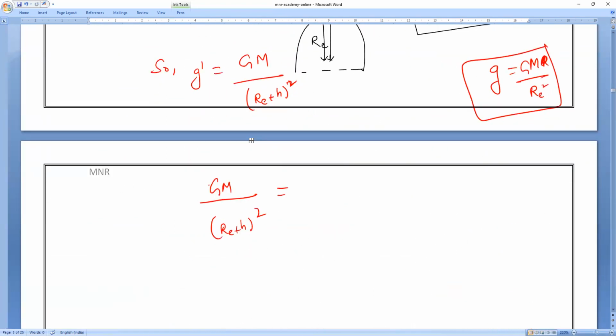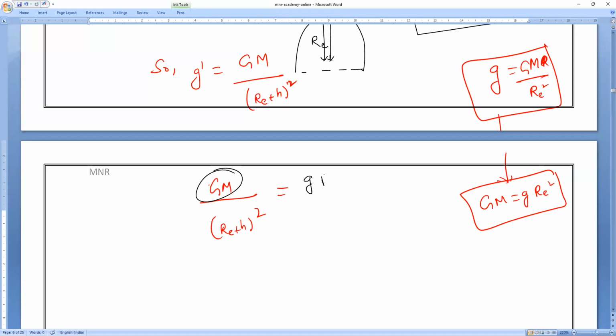So from that, can I say GM means what, brothers? Rudresha? Can I write GM as small g into the radius of the earth square? Can I write it or not, everybody? So in place of GM, I will write small g into radius of the earth whole square, divided by (radius of the earth plus H) whole square.